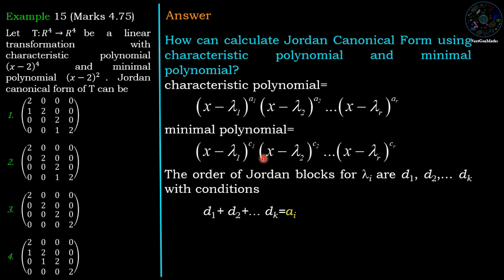Now the orders of the Jordan blocks for any λi are d1, d2, ..., dk with the condition d1 + d2 + ... + dk = ai, where ai is the power of (x − λi) in the characteristic polynomial, and the highest value of dj is ci, where ci is the power of (x − λi) in the minimal polynomial.